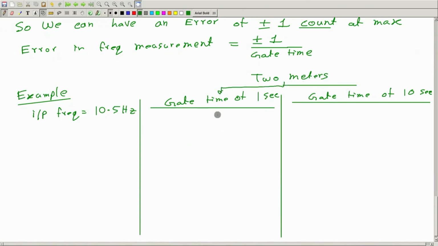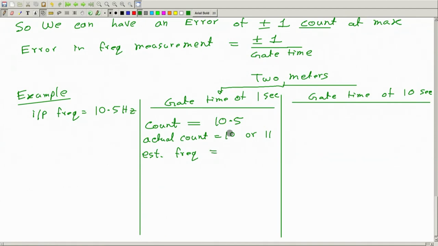In this case, how many counts do we expect? Count should be equal to 10.5 in 1 second, but the actual count will be either 10 or 11. So, the estimated frequency is how much?